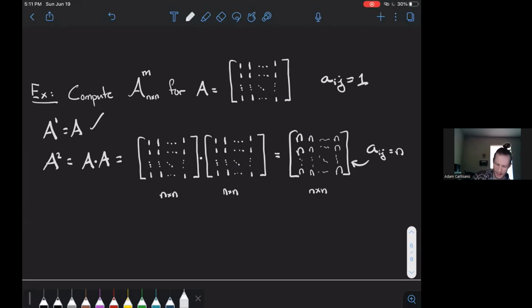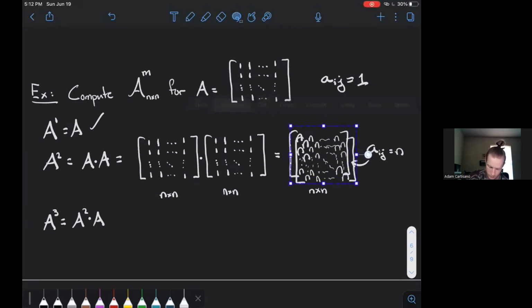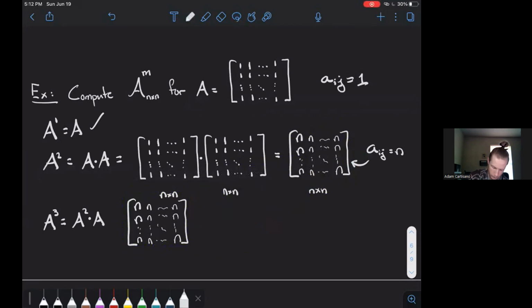Let's cube the matrix. A cubed is just A squared times A. So it's a bunch of n's times a bunch of ones.